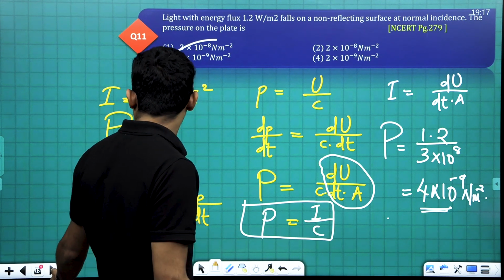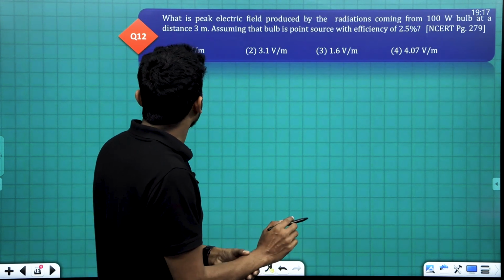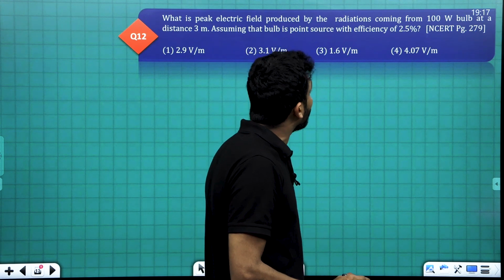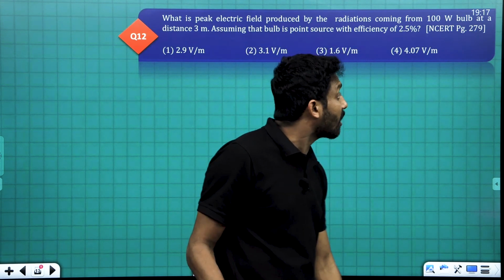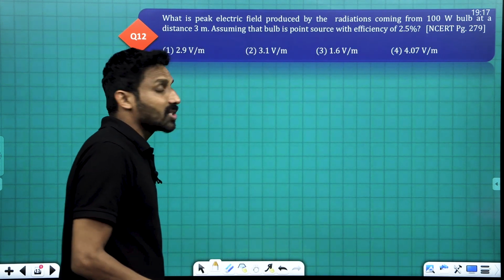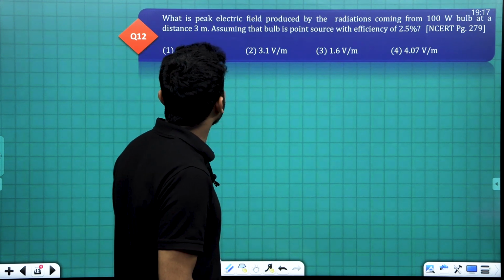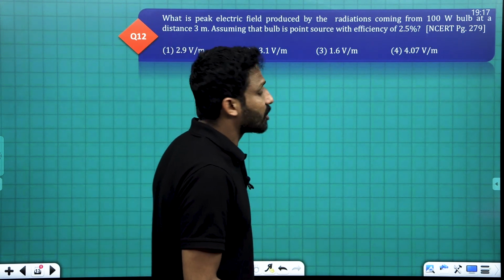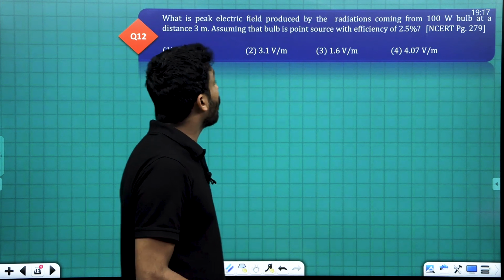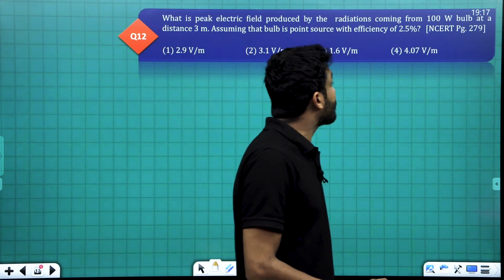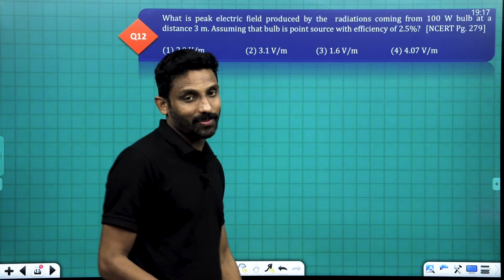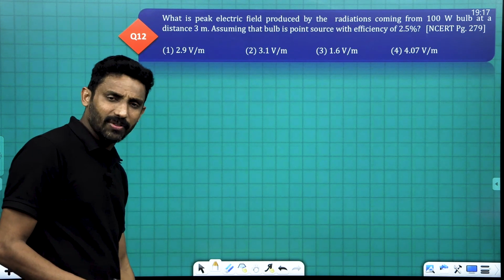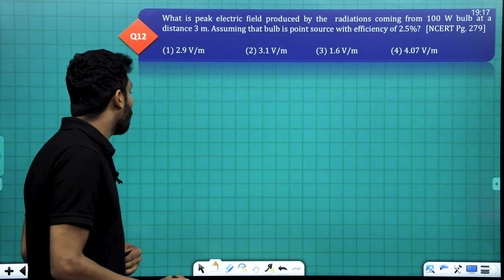The next one. What is the peak electric field produced by the radiations coming from a 100-watt bulb at a distance of 3 meter? Assume the bulb is a point source with an efficiency of 2.5%.